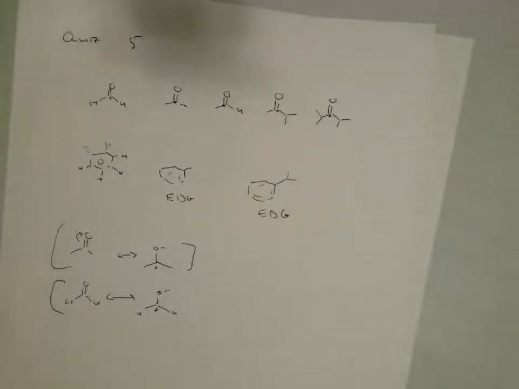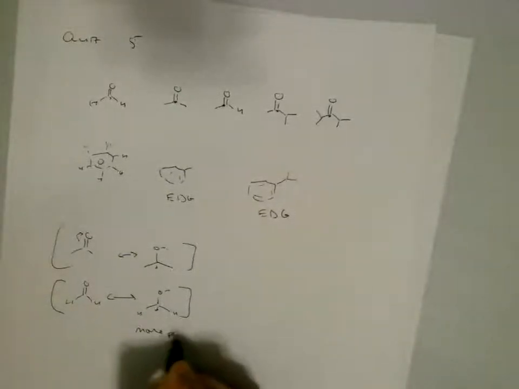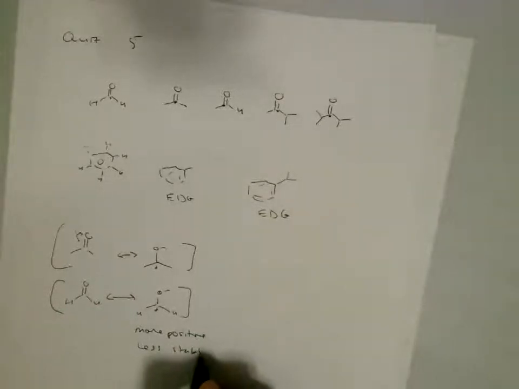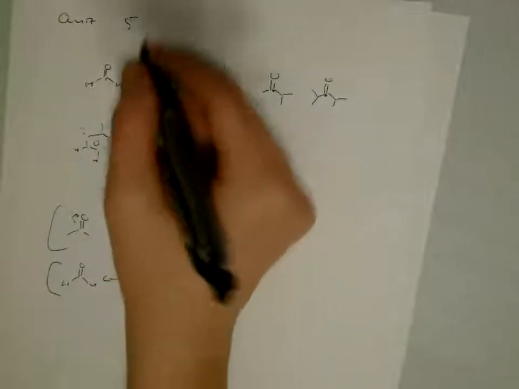That doesn't happen. It's not very happy. So this is going to be a lot more positive, and less stable. It doesn't want to exist in that form, so as fast as it can get out of it, it's going to. That's because there's very little electron density coming from those hydrogens to help stabilize that positive charge. So the faster it can get out of that situation with a positive charge next to just some measly hydrogens, it will. So this is the most reactive.